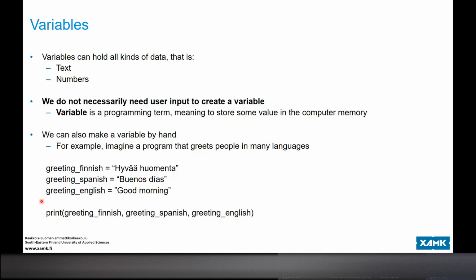We store some of those greetings using these variables. So on this left hand side, we have these variables, greetings in Finnish and Spanish and English. And then later on in the program, we can use those variable names to simply print the contents of those variables. So far, nothing new.